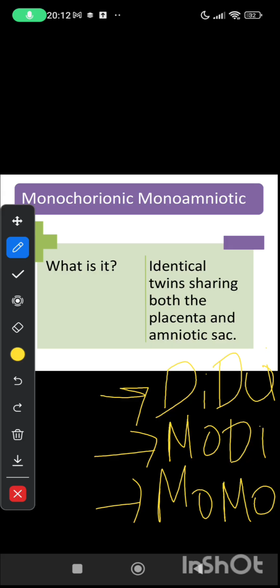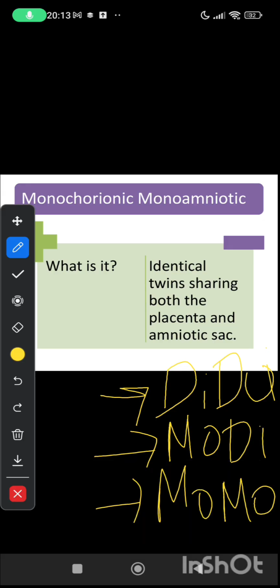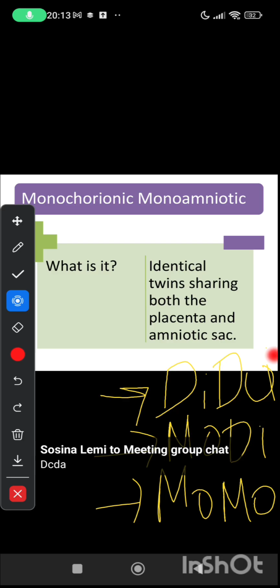So the earlier the split happens, which type of gestation will result? Any guess? Dichorionic diamniotic. Because in dichorionic diamniotic, there are two gestational sacs and two amniotic sacs, so they are more separated.